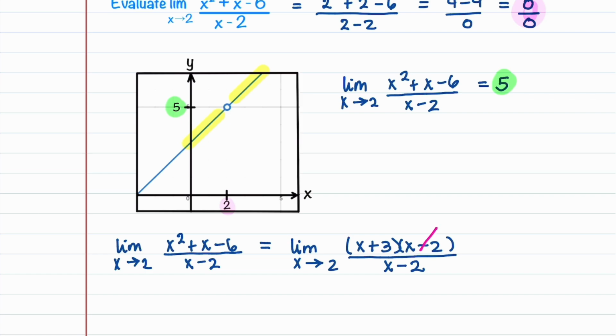You can see that these two terms cancel, and this gives us the limit as x goes to 2 of x plus 3. Now we can just plug in x, and we get 2 plus 3 is equal to 5. And that agrees with the answer that we got from looking at the graph.